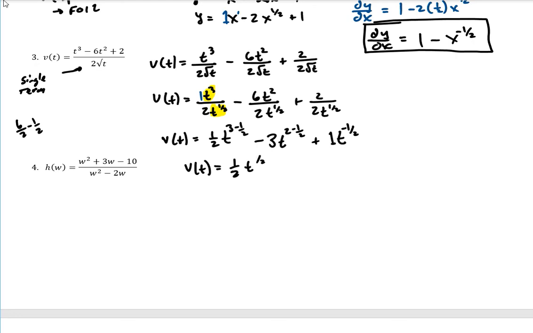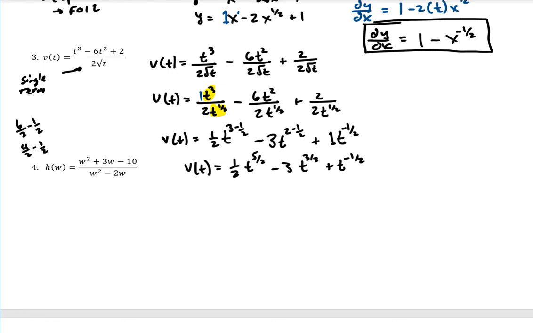Okay, so I've got 1/2 t to the 5/2, and then minus 3t. 2 minus 1/2, would that be 4/2 minus 1/2? So that's going to be 3/2. And then plus t to the negative 1/2. Okay, so now it's ready to go.